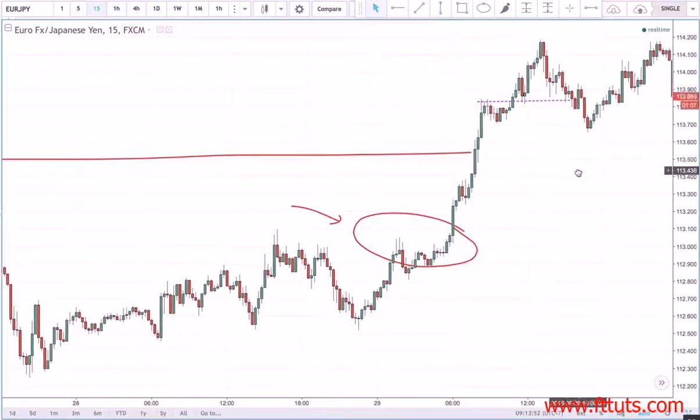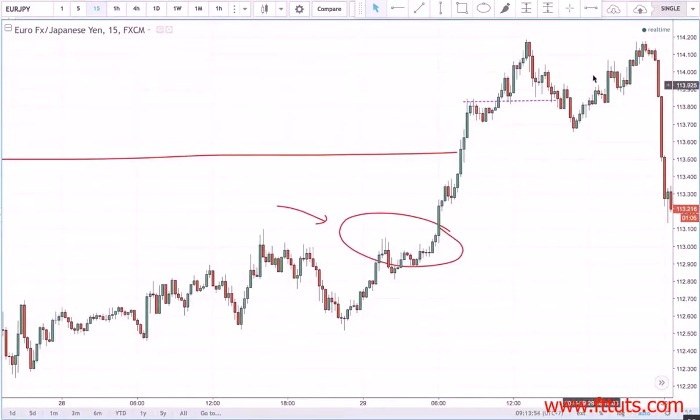But if you keep looking at this area, we have a higher high sequence from here to here, and a higher low sequence from here all the way to here. So the highs went higher like that, and then the lows went higher like that.